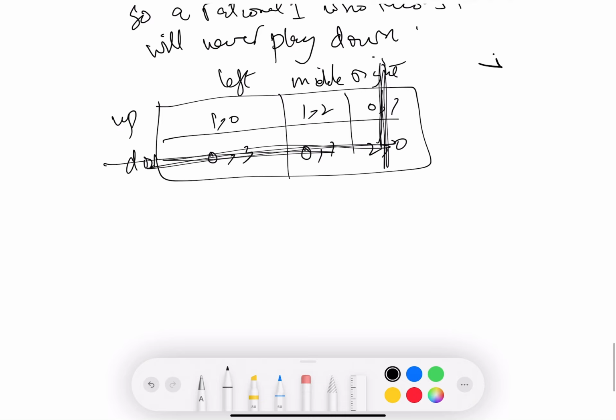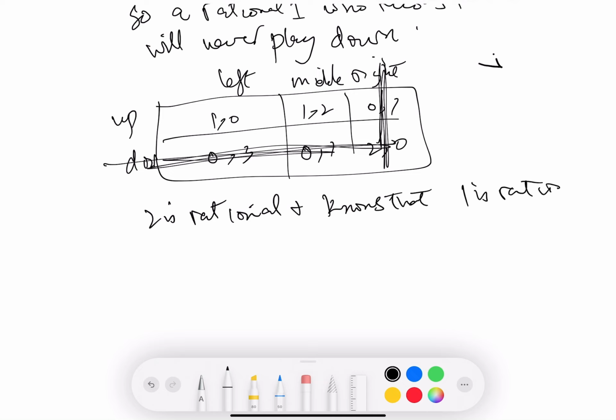Now, 2 is rational, and, okay, so this is invoking a second degree of common knowledge. 2 is rational, knows that 1 is rational, and knows that 1 knows that 2 is rational. Okay, this is common knowledge.